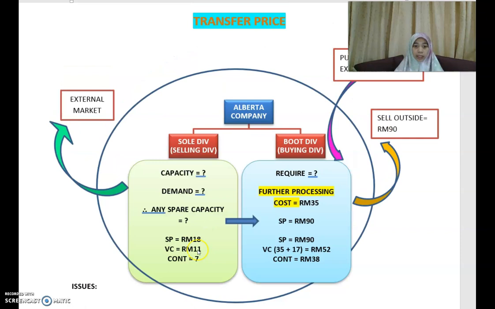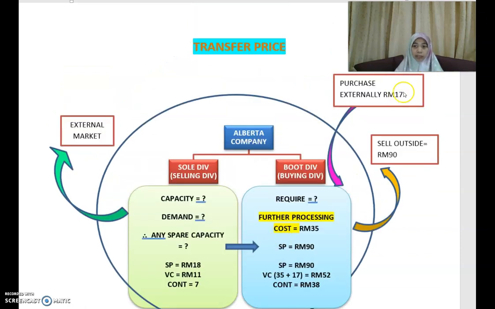So instead of purchasing from outside at 17, the company will be better off if the internal transfer takes place because the variable cost to the company is only 11. If boot purchases that sole externally, the cost to the company, to Albeta, would be 17. So that is the issue of transfer pricing.